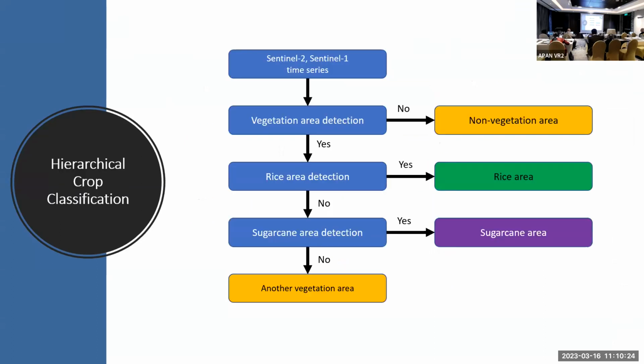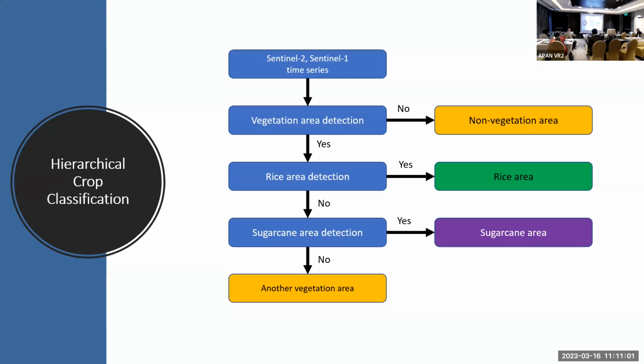Not only that, if we formulate this problem in a hierarchical way, with hierarchical classification, we can choose the easiest problem first. For example, separate vegetation from non-vegetation areas. For vegetation, we try to detect rice or non-rice. For non-rice, we detect sugarcane, and pass the non-sugarcane, non-rice to the lower hierarchy.